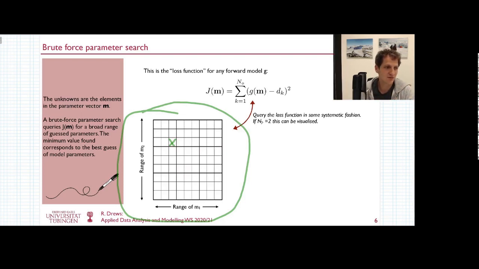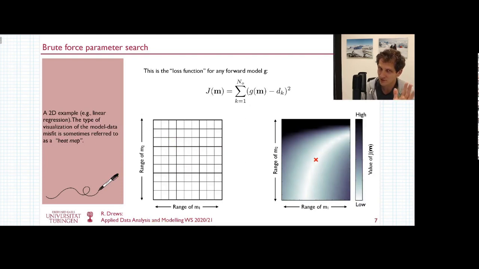And I've done this here for you. Note, this is not for the case of linear regression, because this you will do in the exercises, okay? This is a different case, but the principle is the same. So in this case, the forward model had two free parameters, and on the right-hand side, I calculated the misfit for each possible model parameter in the range that I investigated.